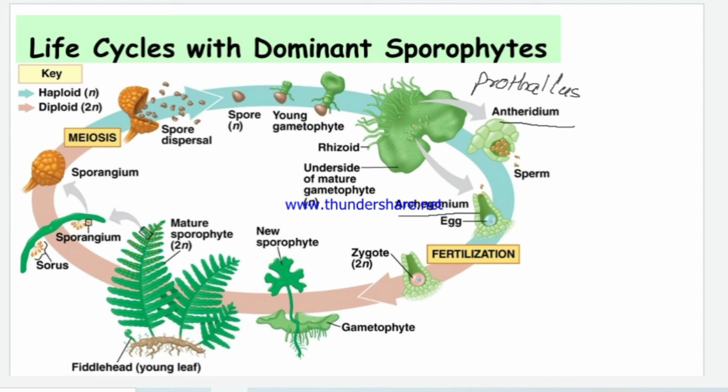Now, this sporophyte then grows into a mature sporophyte. And then in the mature sporophyte, the sporogonium and the sori appear, which have sporangium, and within the sporangium meiosis takes place to give rise to the spores, which upon dispersal again produce the young gametophyte.